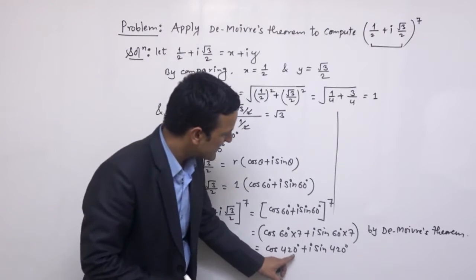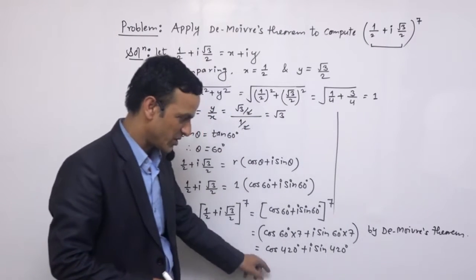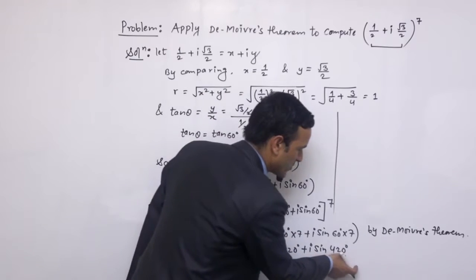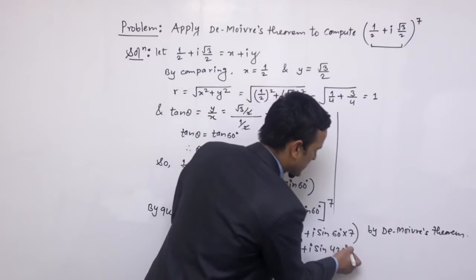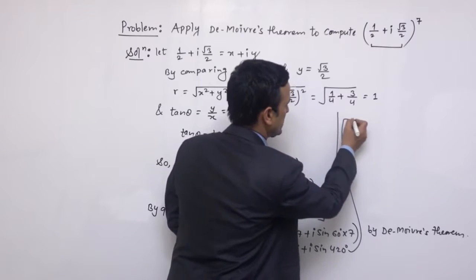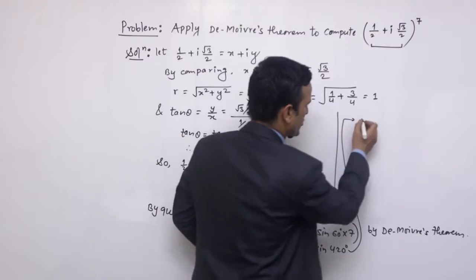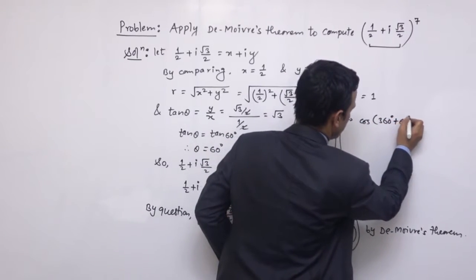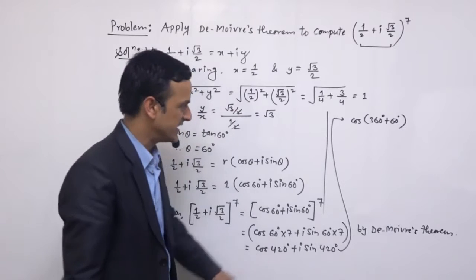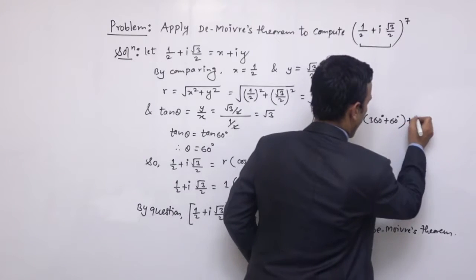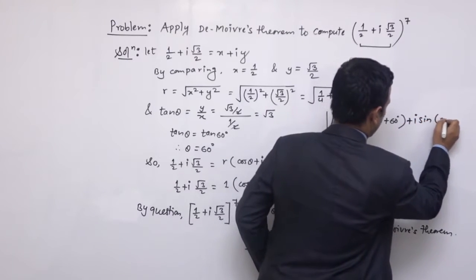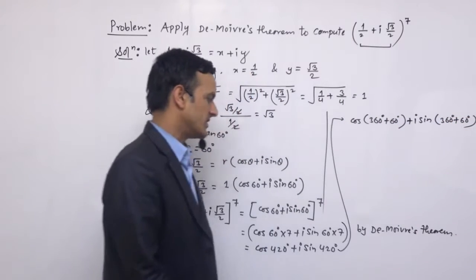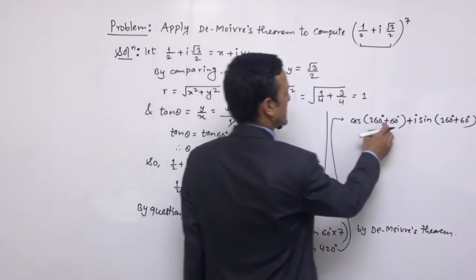Okay, now we can calculate the value of this expression. So if you multiply this one, we get cos 420 plus I sin 420. So let's write this value. Now cos 420 means cos 360 plus 60, that means 420 degree, plus I sin 360 plus 60, so it means sin 420. 420 भनेको 360 plus 60 हो.